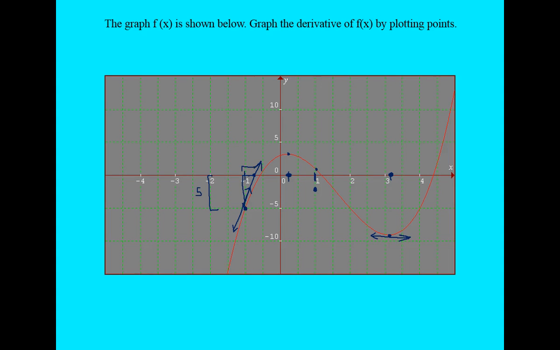And the distance that I moved in the x direction, I'm going to estimate, because each one of these yellow lines is approximately negative 1/2, and I went about halfway, so 1/4. So I'd have 0.25. The slope of that line would be the change in y divided by the change in x. So the change in y is 5 all over the change in x, which is 1/4. So I would say the slope of my tangent line is 20. So when x equals negative 1, I would plot a point way up here at 20.